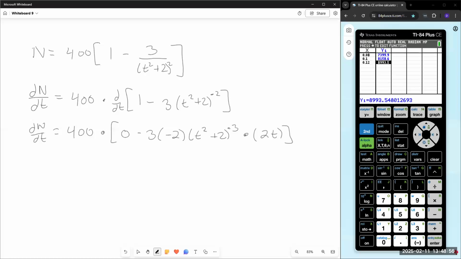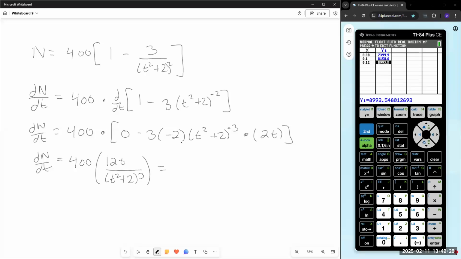So that makes dN/dt 400 times negative 3 times negative 2, which is a positive 6, times 2t. That makes it 12t over t squared plus 2 raised to the third power.